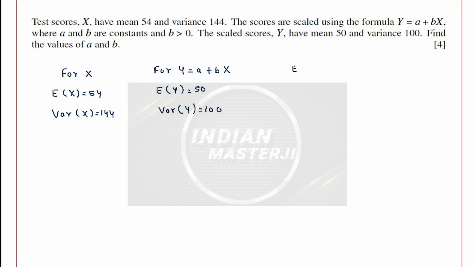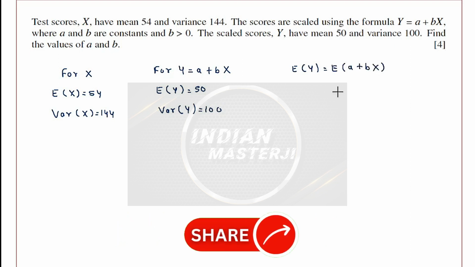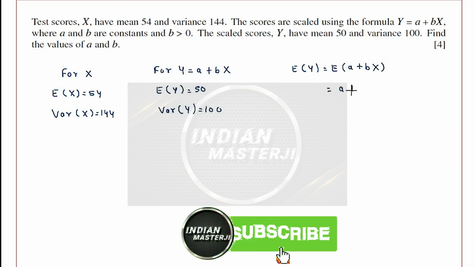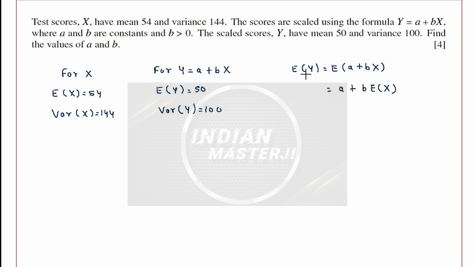Now what do we know? E of y, that means E of a + bx, will be equal to a plus b into E of x. Correct? So E of y being 50, I can say 50 is equal to a plus b into 54. Correct? This is equation number 1.